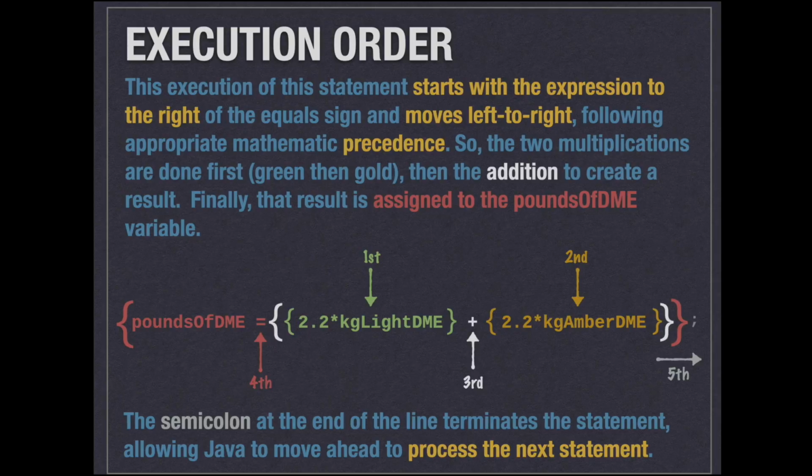Although if there are parentheses and such, it will allow you to override what happens, but in general, it moves from left to right and it obeys normal mathematic precedence, like spreadsheets or any other language.